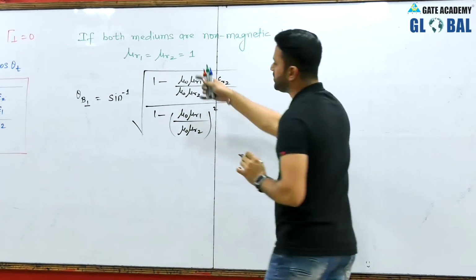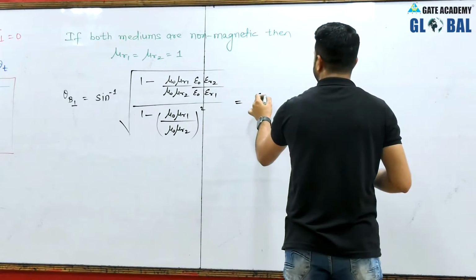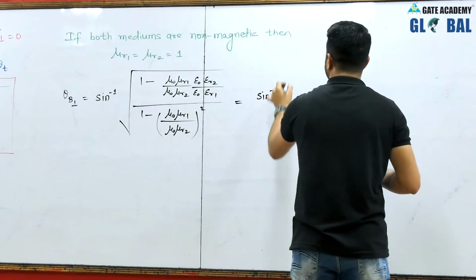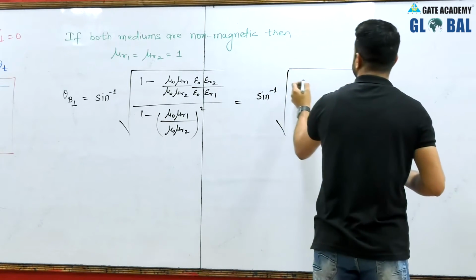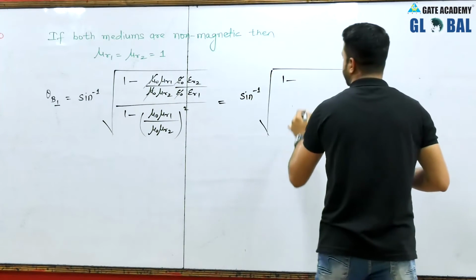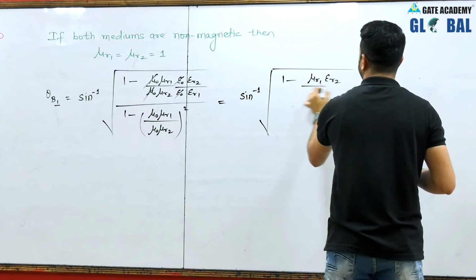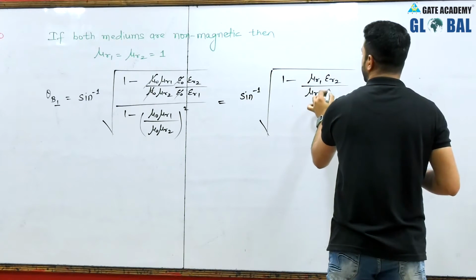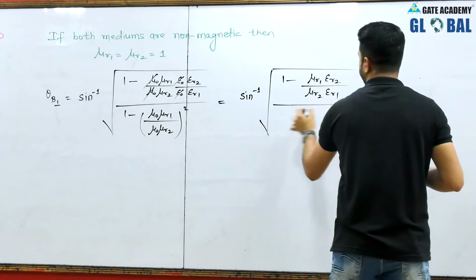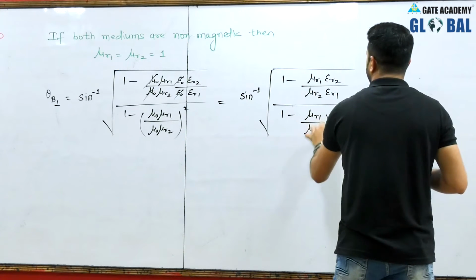So when you substitute mu r2 equal to mu r1, after solving we get sine inverse of root over 1 minus, the mu naught epsilon naught cancels, mu r1 epsilon r2 divided by mu r2 epsilon r1, whole divided by 1 minus mu r1 divided by mu r2.